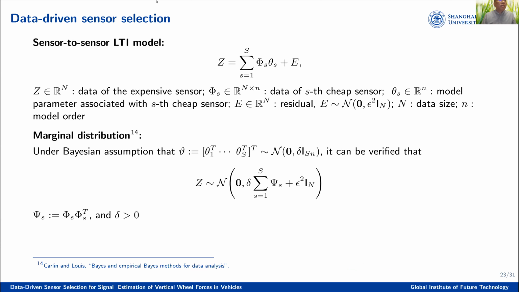Another thing we learned from the literature is a term called marginal distribution. Under the Bayesian assumption that theta 1 to theta S all follow the normal distribution, it can be verified that z must also follow a normal distribution with this formulation, and theta must be larger than 0.